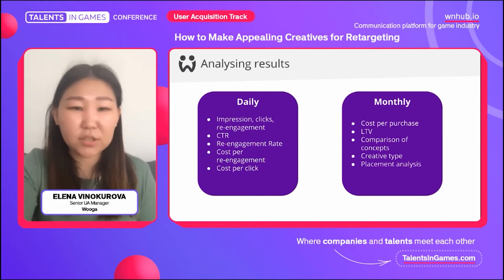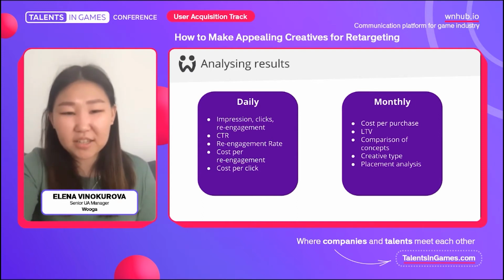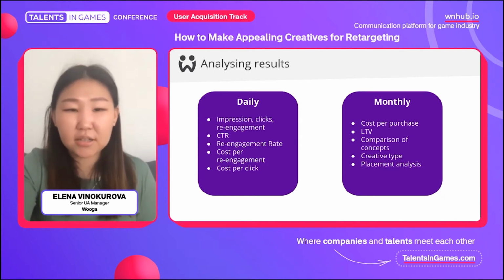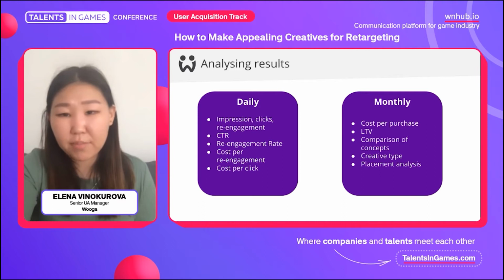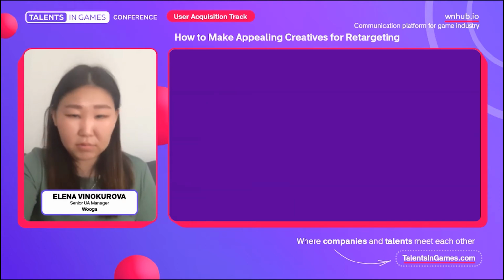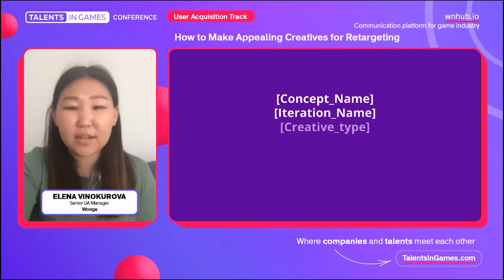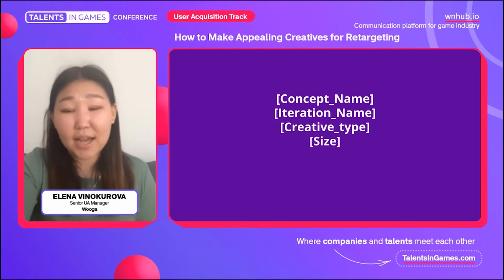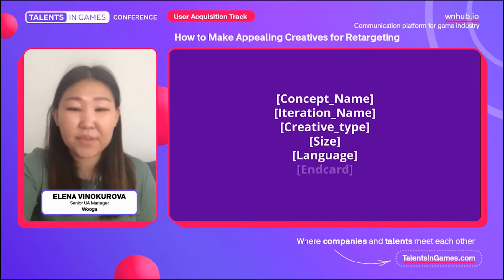To make sure that all this data is in line, we strictly follow a creative naming convention. We combine all this data from the creative name and upload it into our internal BI so we can analyze it. Usually our creative naming convention consists of concept name, iteration name, creative type, size like square or vertical, languages, and end card.